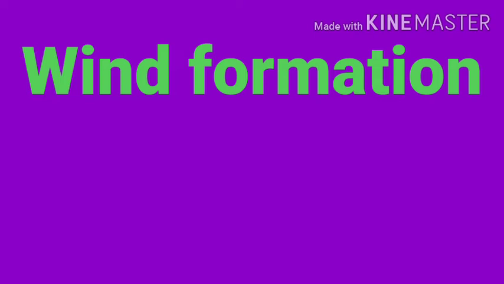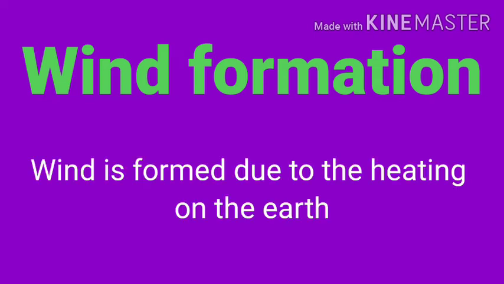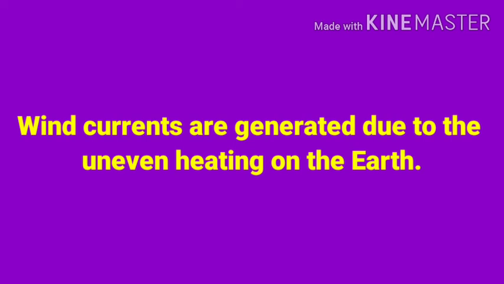So we can say that wind is formed due to the uneven heating of the earth. Now we are going to discuss that point. Wind currents are formed due to the uneven heating of the earth. How is it possible? Listen here.